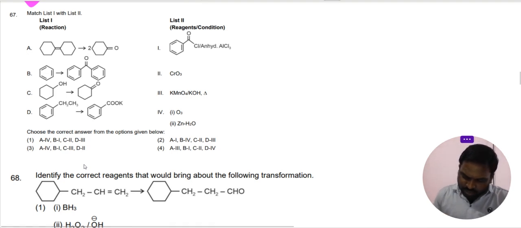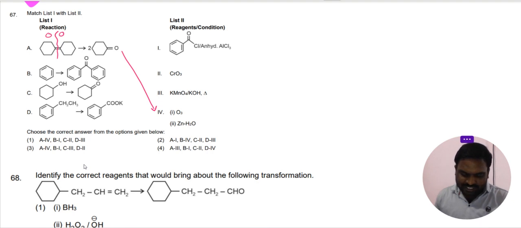When it undergoes ozonolysis reaction, it breaks the double bond and adds two oxygen atoms, and you are getting cyclohexanone. So now which one is it matching with in the reagents? Ozonolysis followed by reduction. Next one, benzophenone from benzene means that is Friedel-Crafts acylation reaction. This is right.